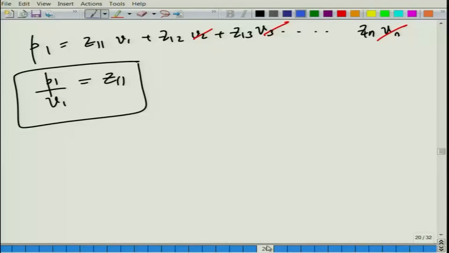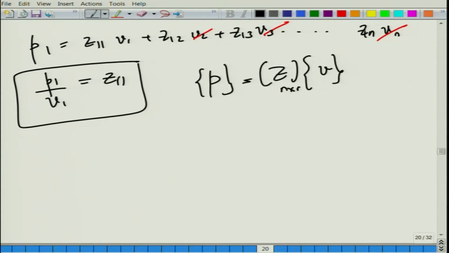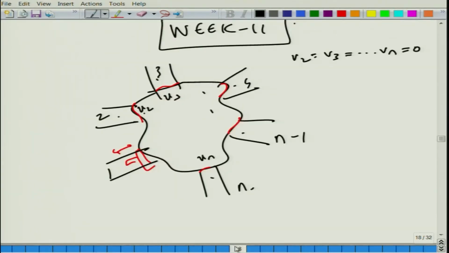So we have basically P is equal to Z V, where Z is n cross n. So, we would want such a thing here: A1, B1, A2, B2, A3, B3. What are these?